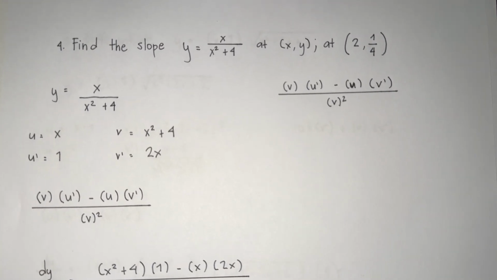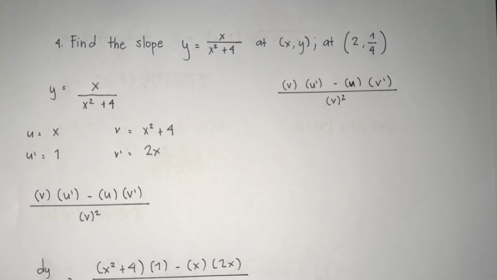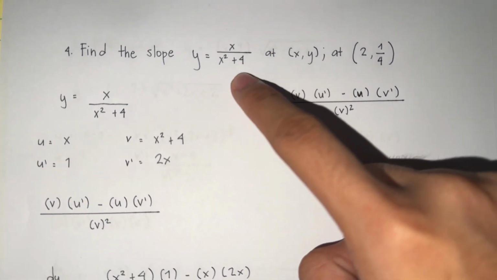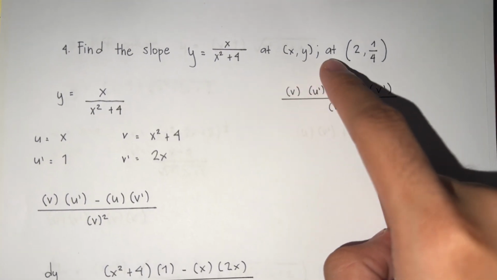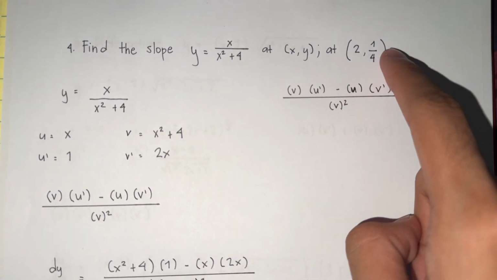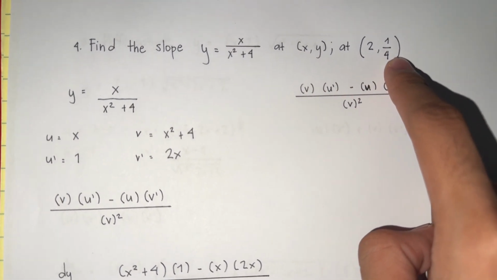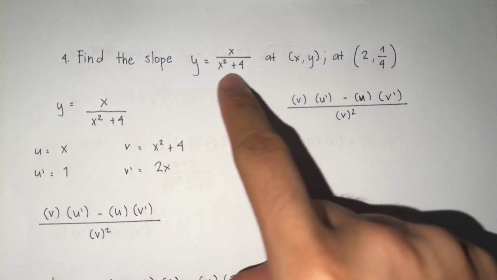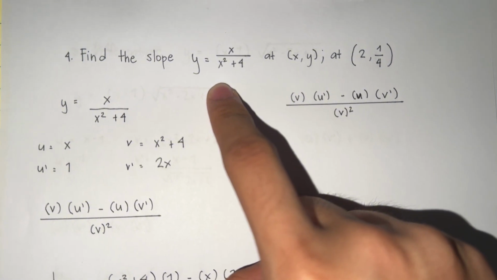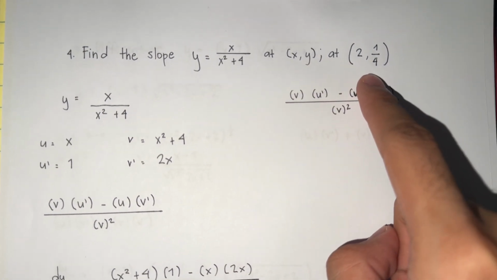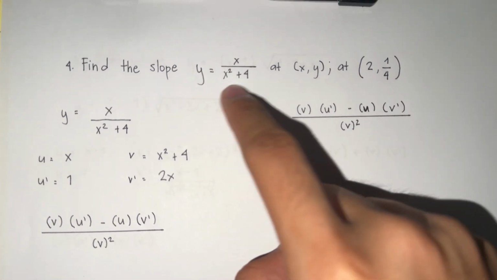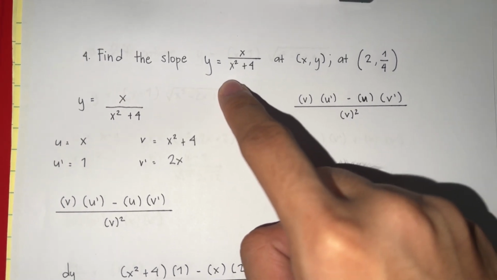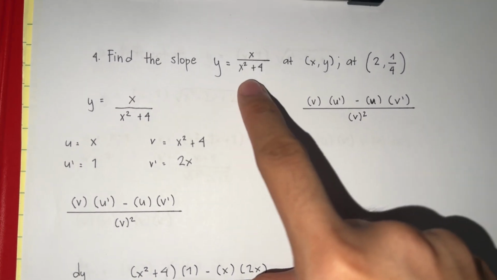Here, for our fourth problem, we must find the slope of y equals x over x squared plus 4 at (2, 1/4). In order to get the slope, we must first find the first derivative of the function and then input the x and y values. We can get the derivative through the quotient rule.